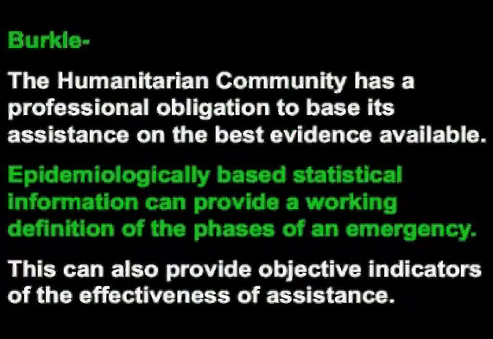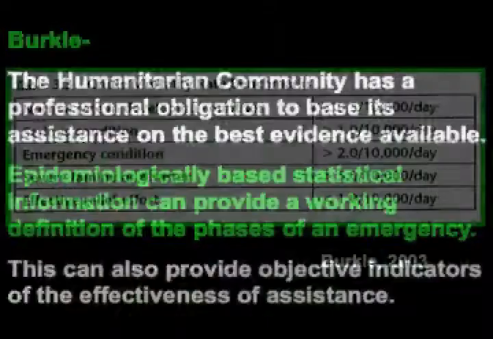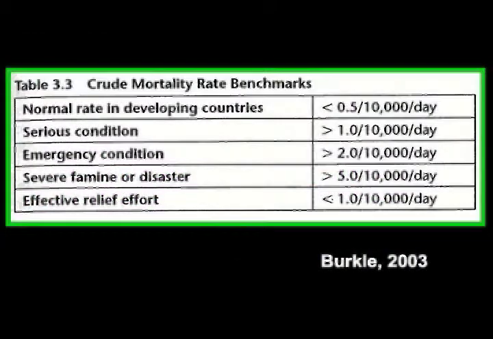He in fact suggests that by getting an accurate statistical basis for understanding what's going on with the public health dimensions of a population, we can actually determine what stage a disaster is in. And here he points out that the normal rate of crude mortality in a developing country may be 0.5 per 10,000 in a given day.